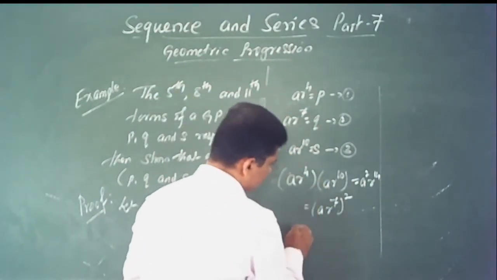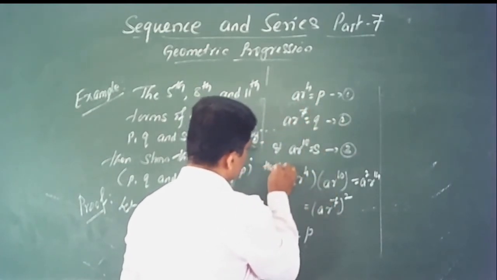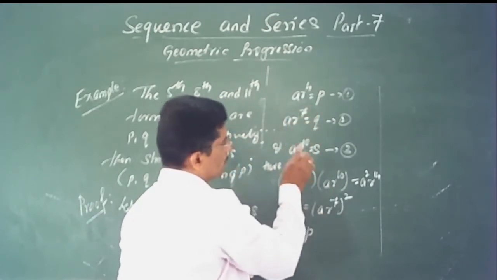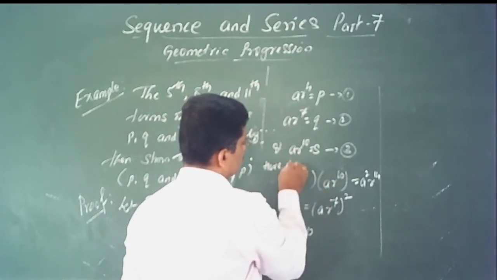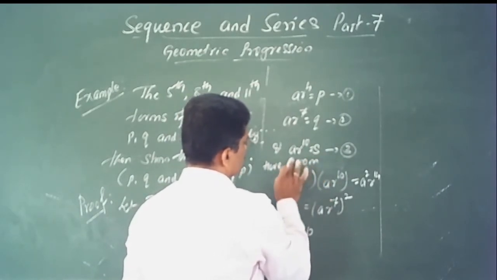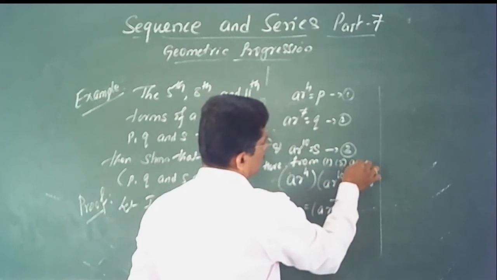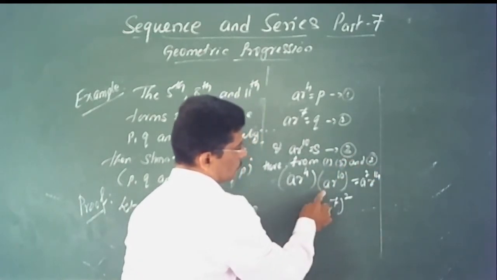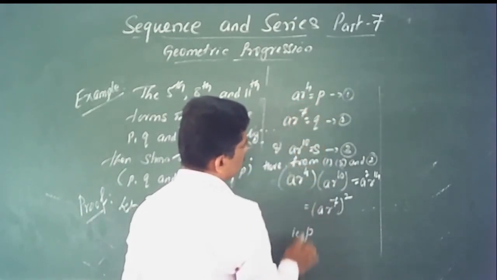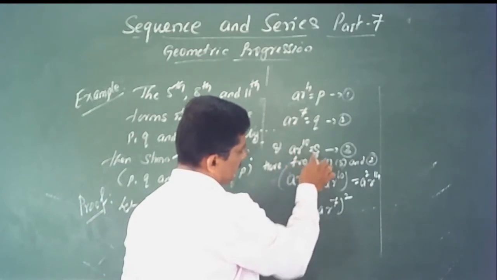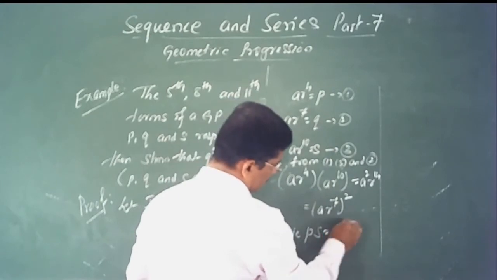Find the relations in the given results, using this result from 1, 3 and 2. 1 into 3 is equal to A into R raised to 4 into A into R to the power 10, and A into R raised to 7 whole square, its value is Q square.